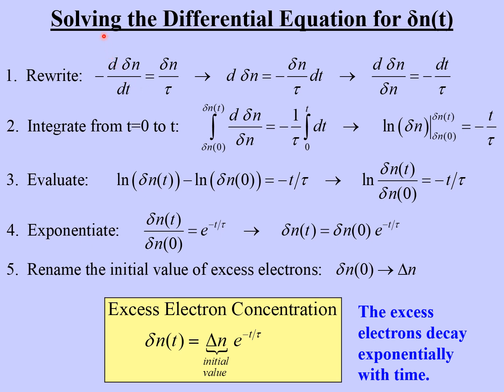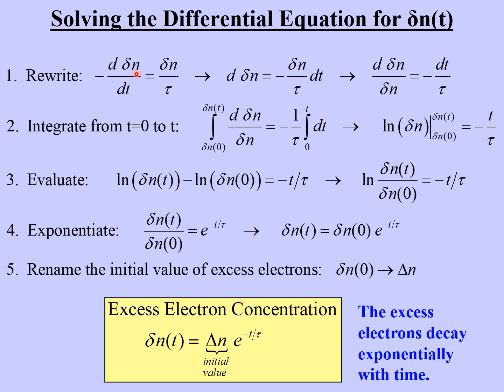Now, there's quite a bit of math here, and I'm not going to go through all the steps in great detail, but this decay law that we just derived on the last page, we want to solve it for delta n, the number of excess electrons as a function of time.